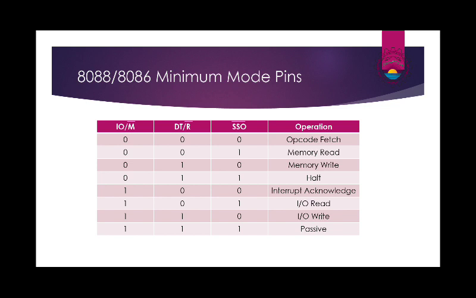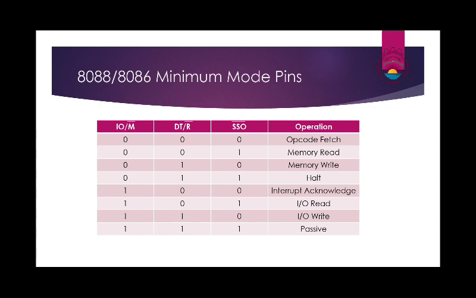So DT slash R bar is having 0 and the same operation of receiving data by the microprocessor from the IO device will be performed during IO read bus cycle. So IO slash M bar is 1 and DT/R bar is 0 for both of these bus cycles. But SS0 bar is 0 in case of interrupt acknowledge bus cycle, while in case of IO read bus cycle, SS0 bar is 1.